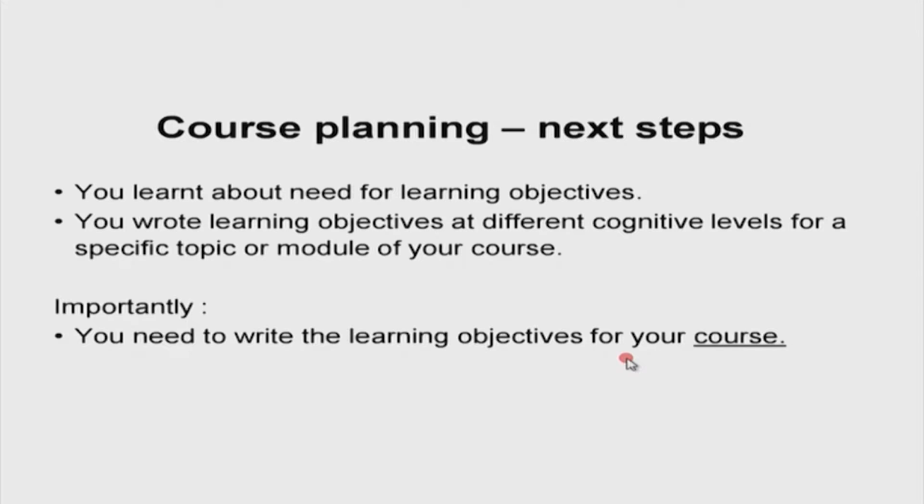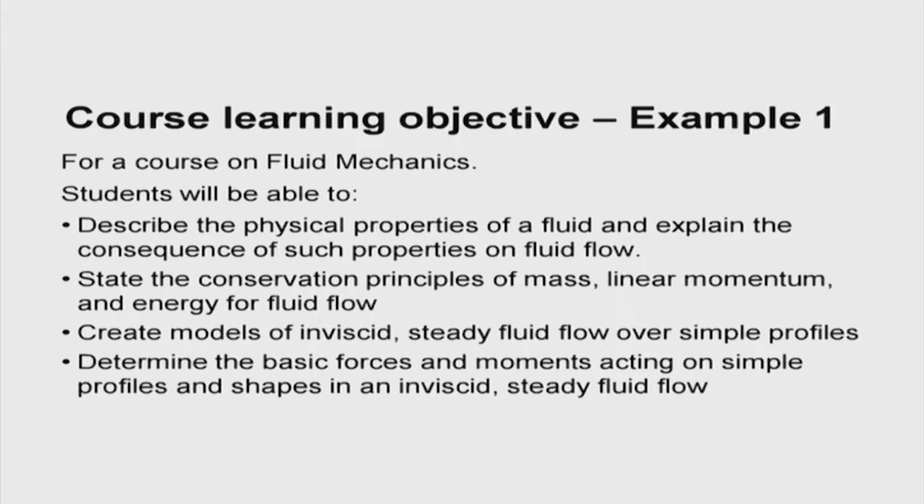And now we have to think about the entire course and see what is it that we want our students to be able to do at the end of the entire semester at a synthesized level. So before you write your own course learning objectives, let's look at a few examples. I have examples from 3 different courses.